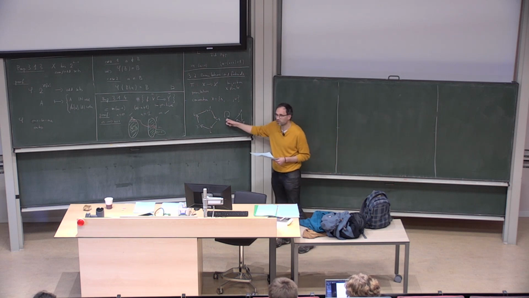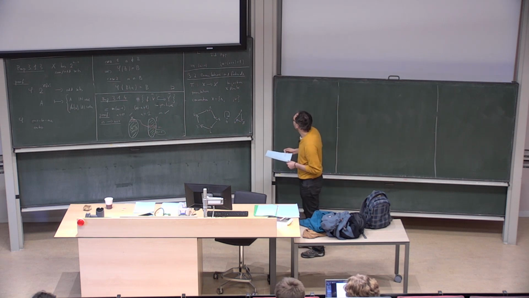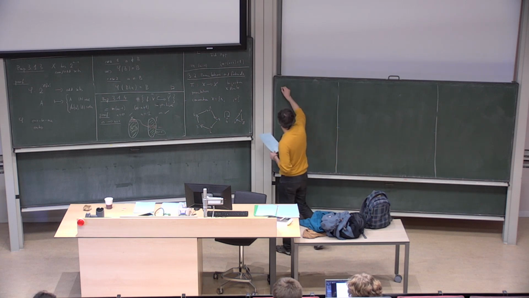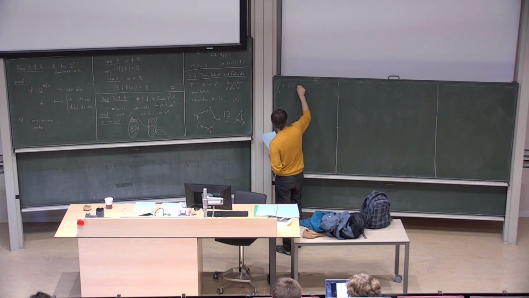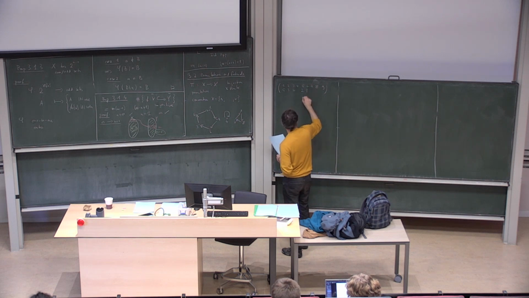So the arrow of each element shows us where this element is mapped to, and then we can see those cycles. And we can also write permutations in a different way. So we can say, okay, 1 is mapped to 5, 5 to 2, 2 to 3, 3 to 6, and 6 is back to 1.